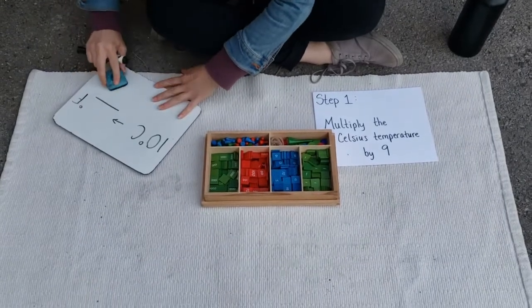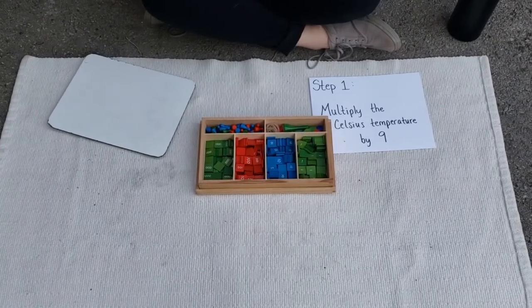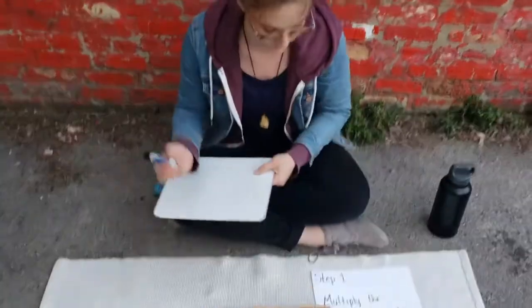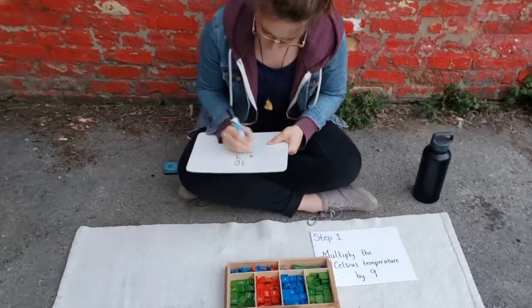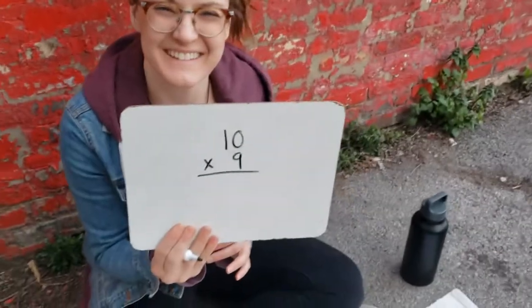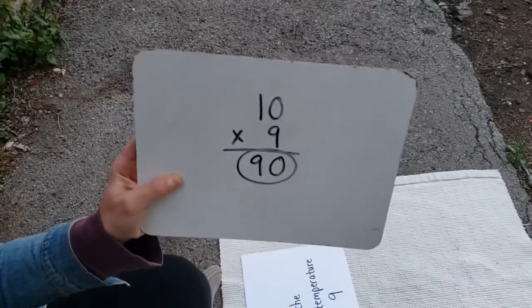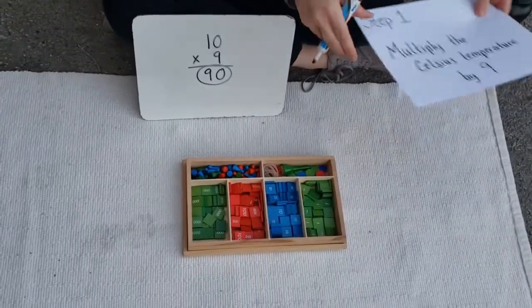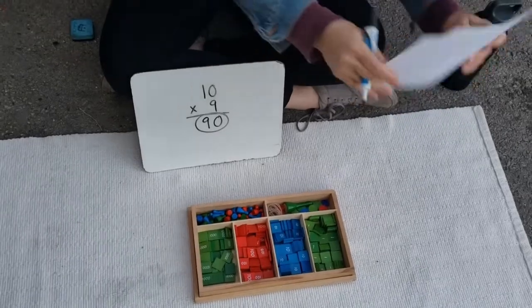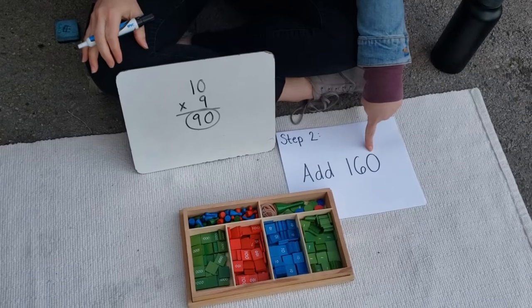For this one, I'm going to use abstract math. You can use stamp game if you want or need. So I have 10 times 9. Okay. So step 1, I have 90. Step 2, add 160.